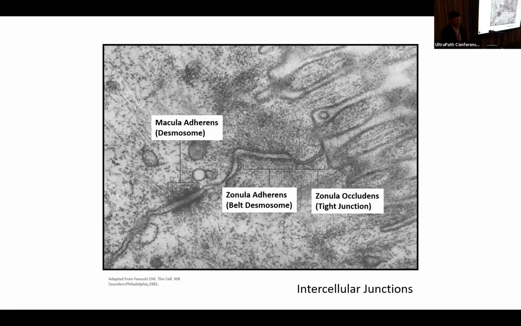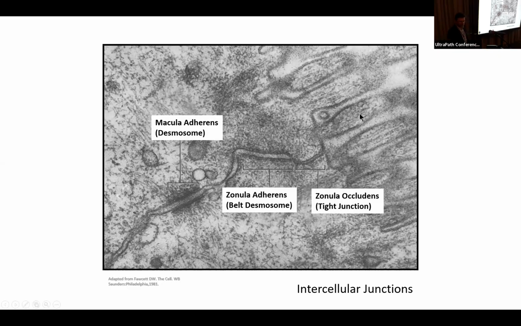Here's one image. We tried to find an image with all three types of cell junctions, which can also come into play for the diagnosis of tumors and other disease processes. If you look, this would be the lumen.